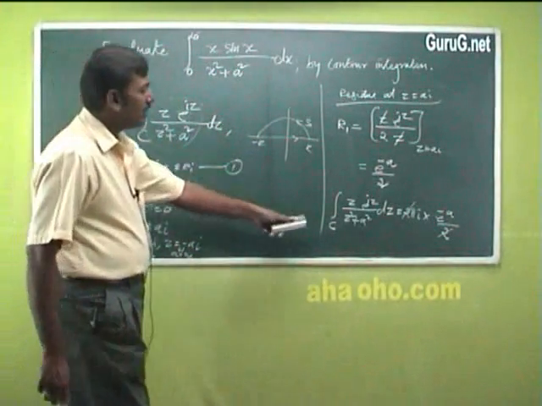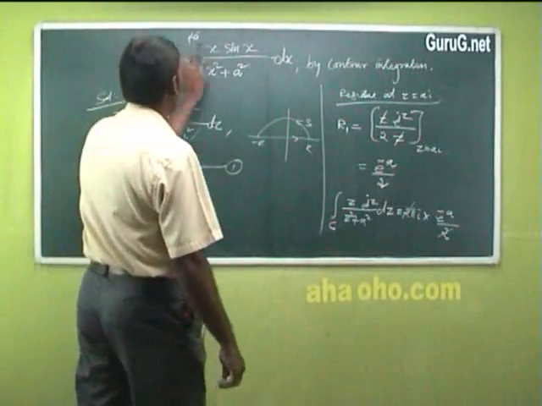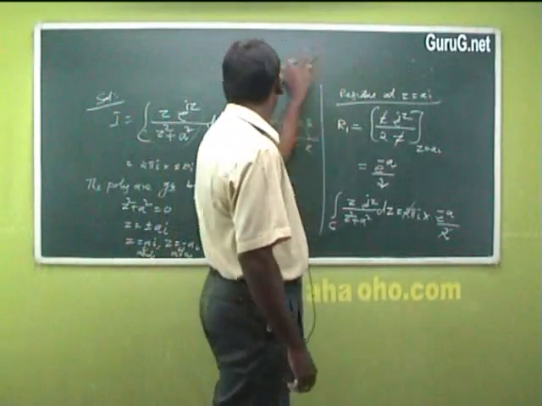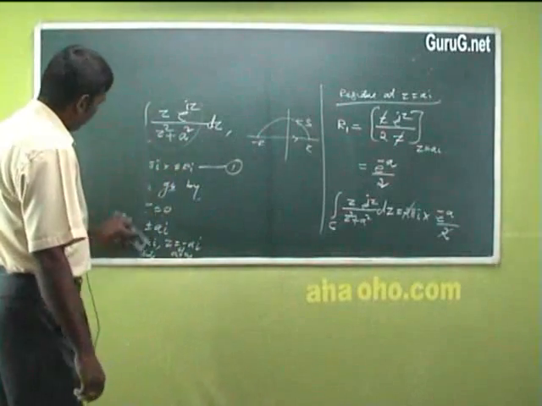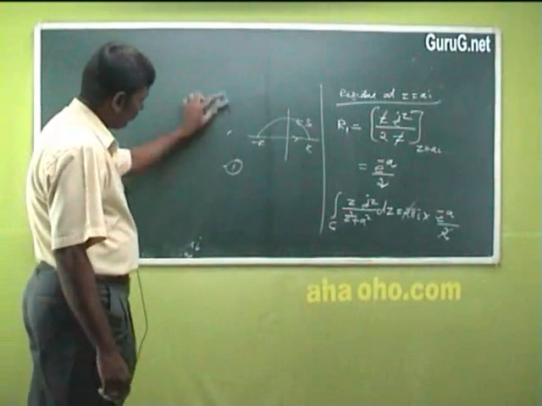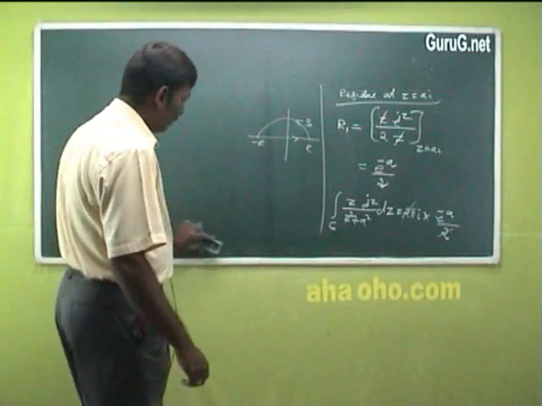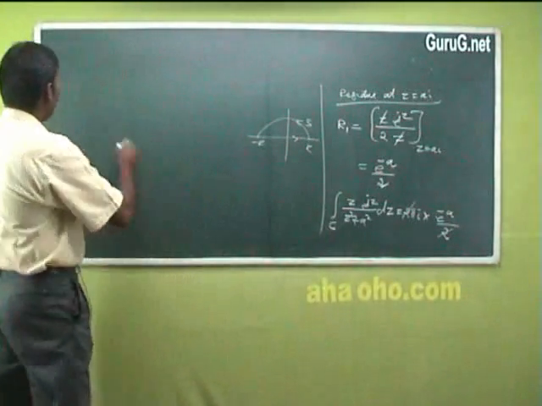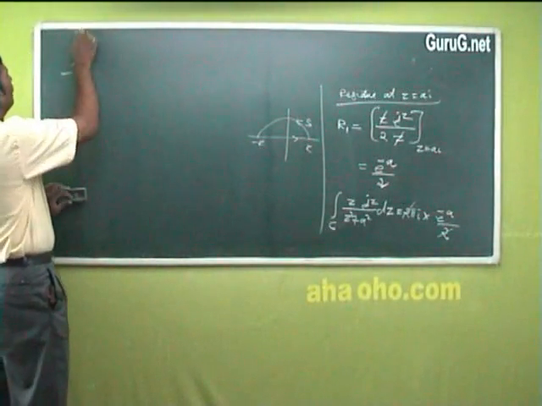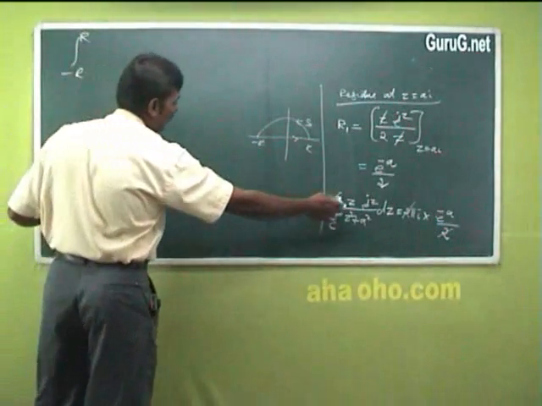Now you will place c now. What is c? So now this c is replaced by the integral from minus r to r. So in this limit the value of z is x.